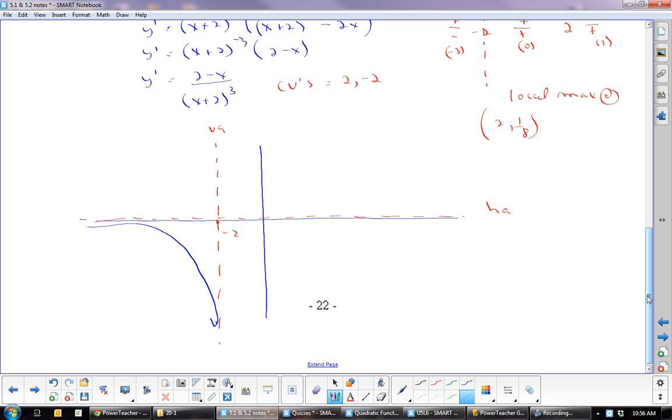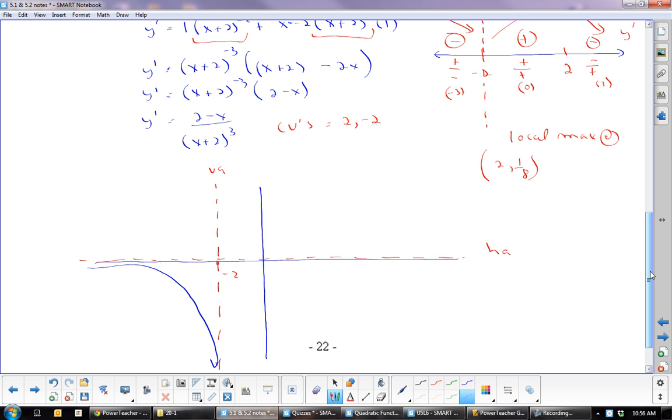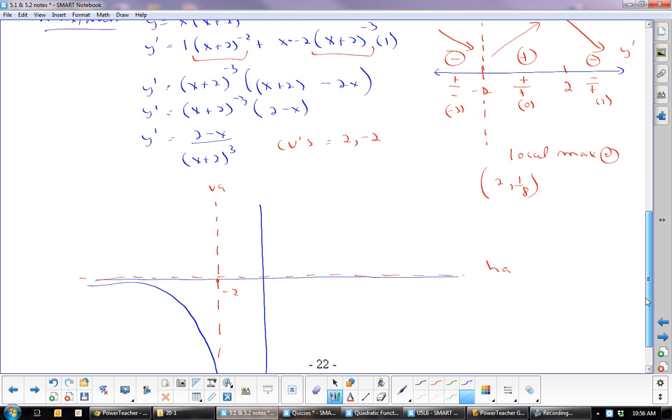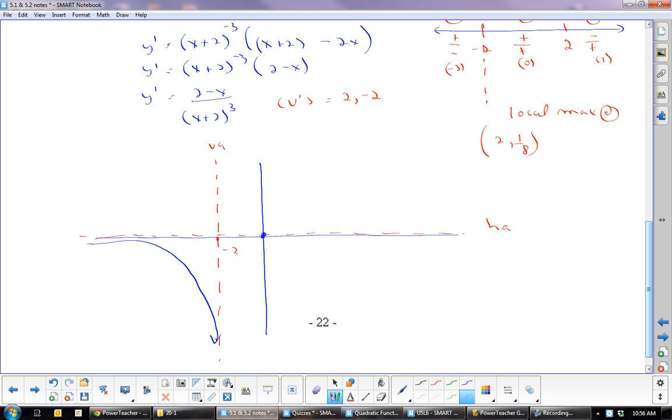Okay, now on the right side of the asymptote, it is increasing to what point? All the way to 2. Okay? But am I going through the asymptote or not? I am going through the asymptote. Why? Because I do have a y-intercept and an x-intercept at 0. So this is y-int and x-int.